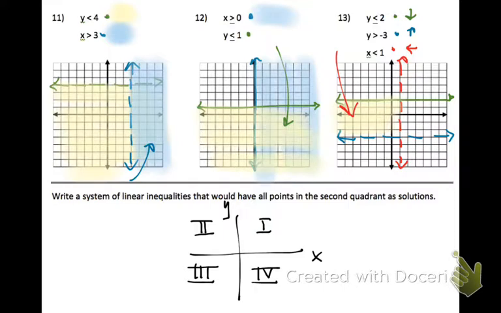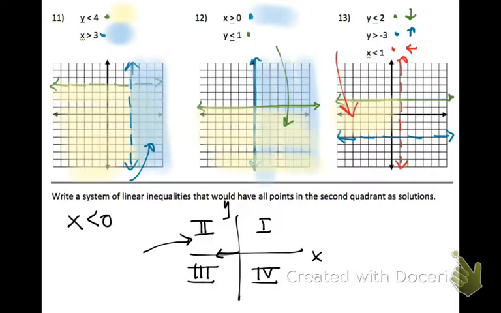So we want all the points that would have, or the system that would have their solution points in that second quadrant. So we need our x values to be from here over. So that's 0 and less than. So our x values need to be less than 0.